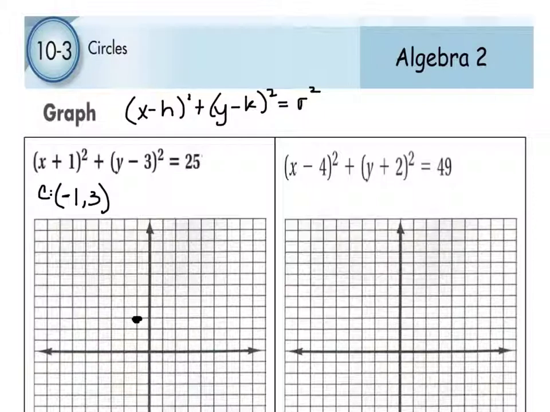That's the center of my circle. For the radius, we take the square root of this number: the square root of 25 is 5, so my radius is 5 units.